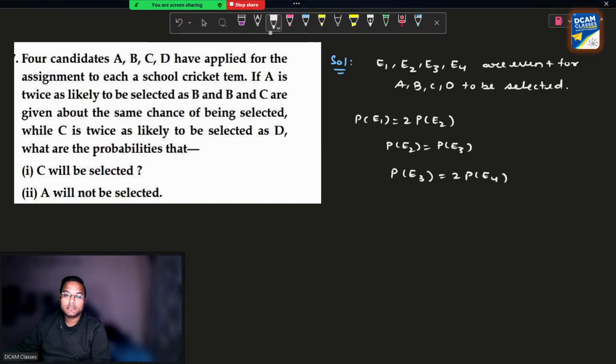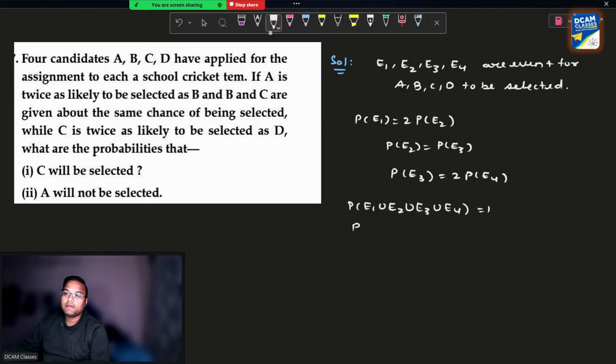What is the probability that C will be selected? See, because only 4 candidates have applied, the probability of E1 union E2 union E3 union E4 will be 1. And this formula we know is equal to P of E1 plus P of E2 and so on, because they are mutually exclusive.